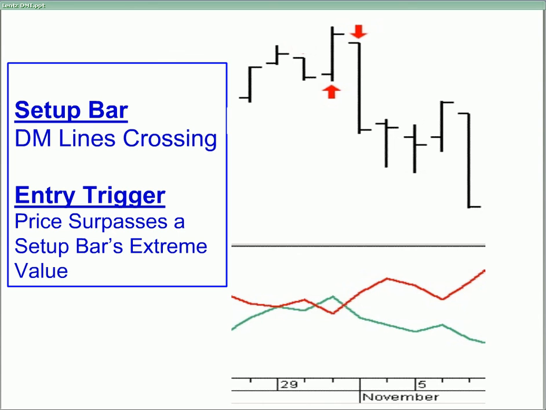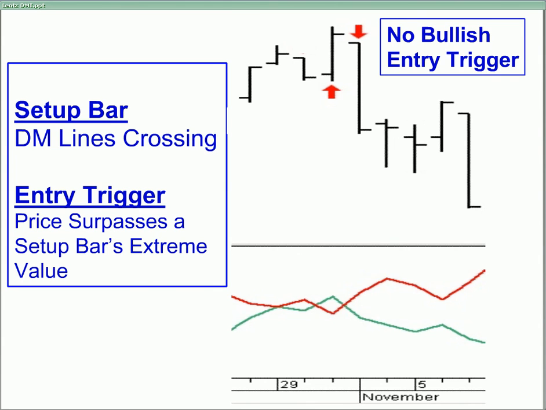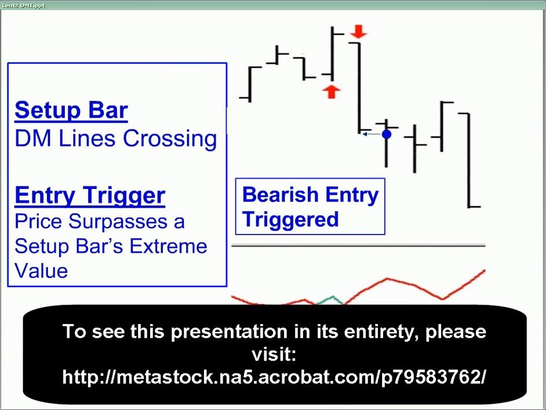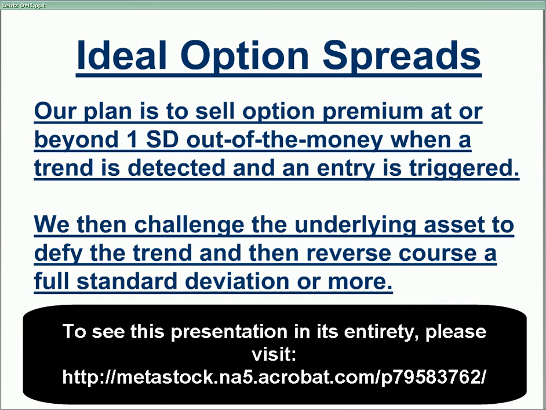When we had that bullish setup bar, did price exceed the high of that bar to the bullish side? No. There was no bullish entry triggered for that first setup bar. However, for the second bar, the bearish setup bar, we did then the next day have a bearish entry that was triggered, and when that next day descended below the low of that previous bar, bing, that's when we go in. We're going short. Okay, in our case, we're going to sell a call spread.